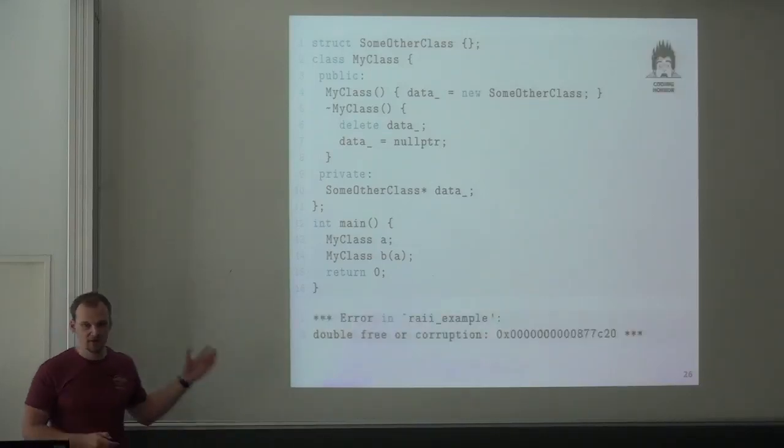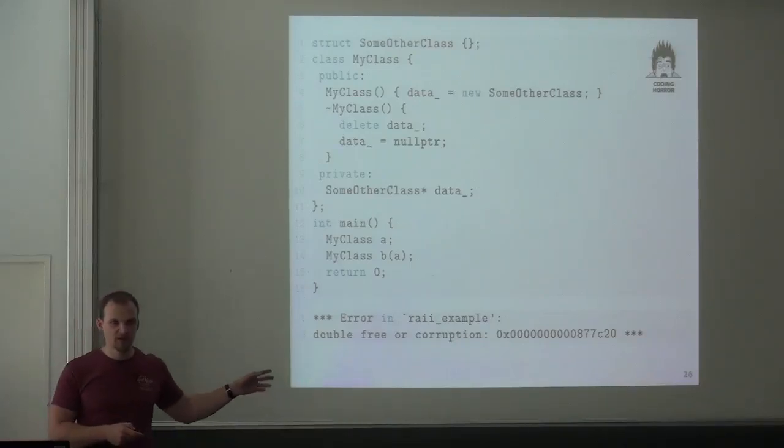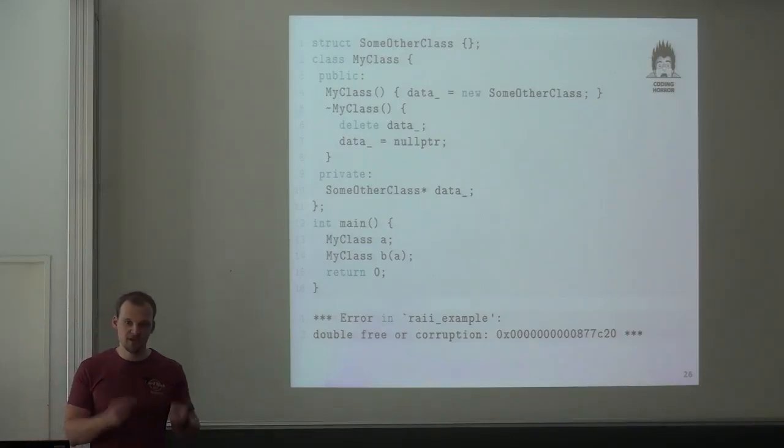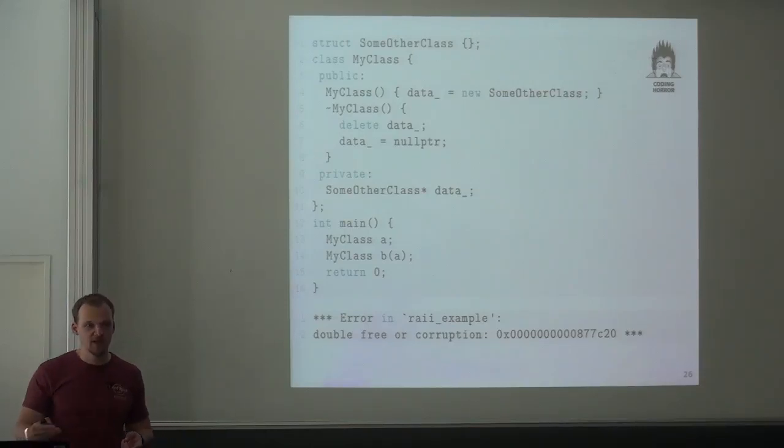This will cause our double free or corruption error, because we now have two pointers pointing to the same memory, and both need to be removed because they are part of objects in the scope, on the stack. So they will be removed sequentially, trying to free the same data.